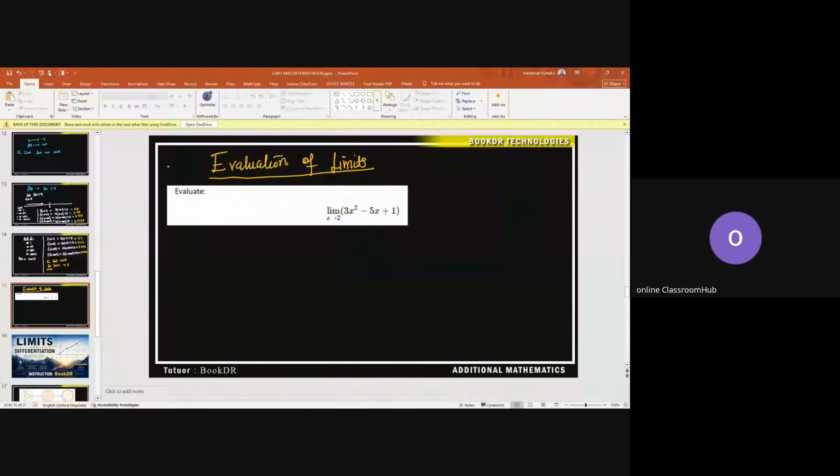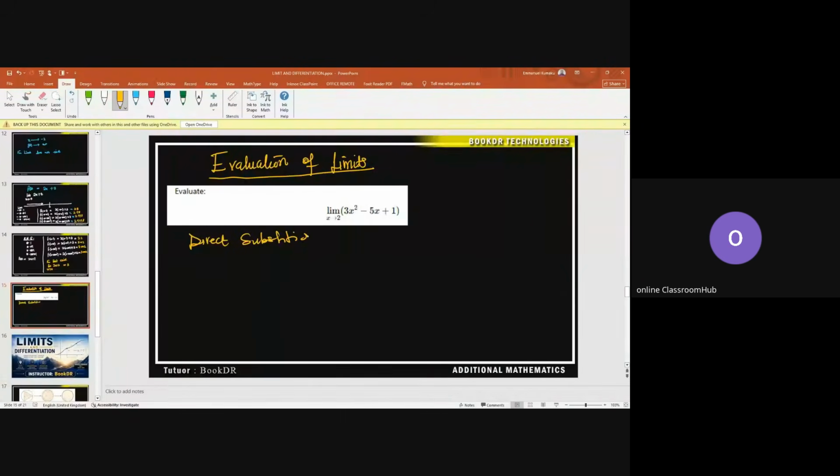In every limit, you must try what is known as direct substitution first. If the direct substitution works, fine enough. That is all.